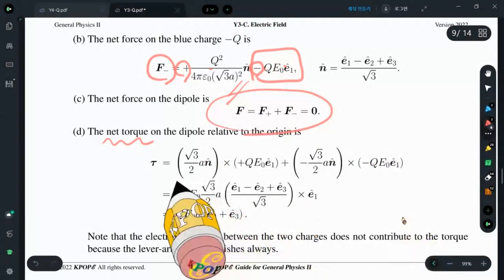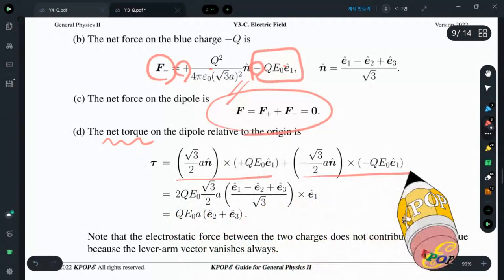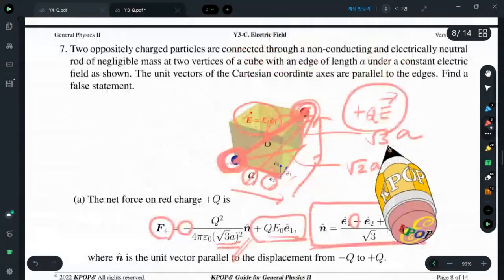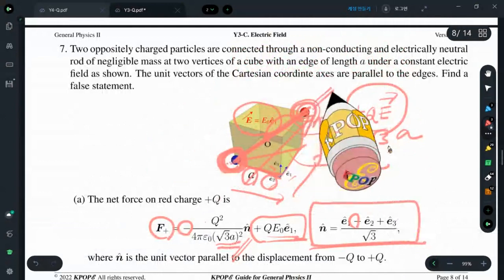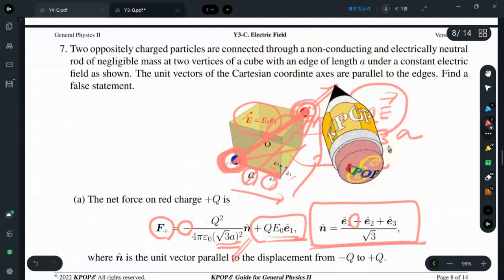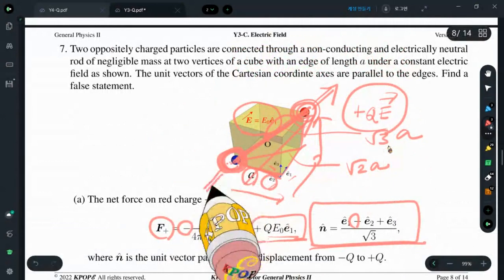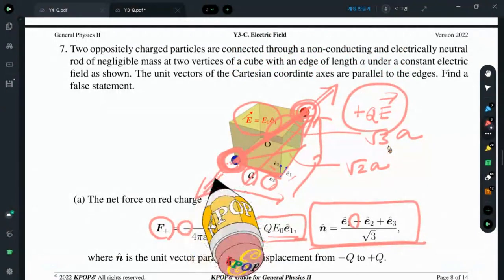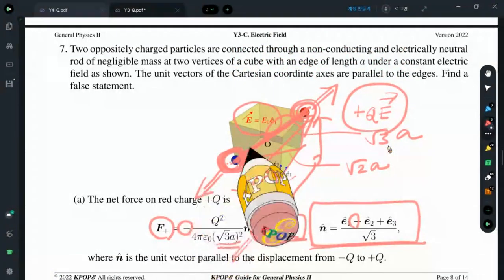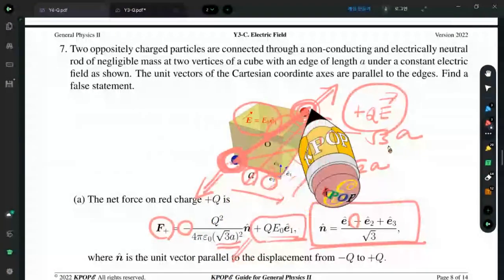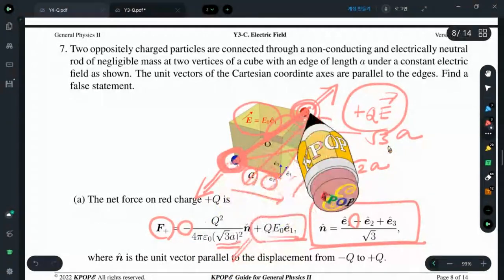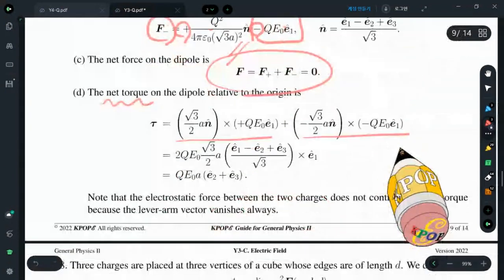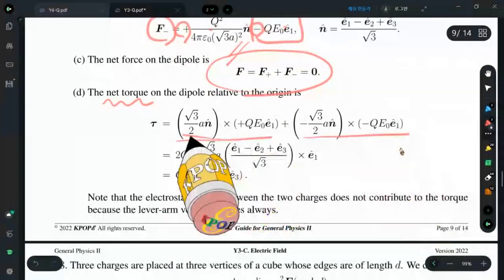So we can compute the contribution of the external electric field. The positive charge has this force and the negative charge has this force, but the direction of the force and the direction connecting the two charges are not collinear, so we have a non-vanishing result.